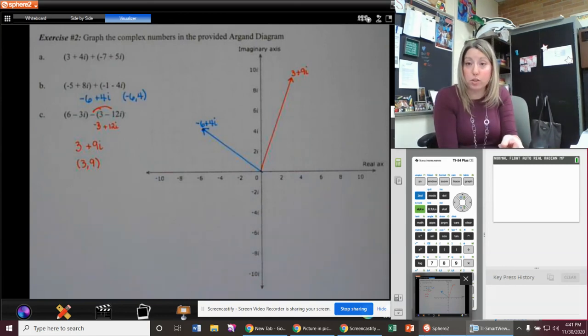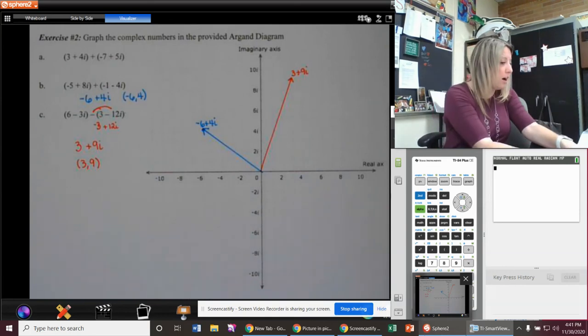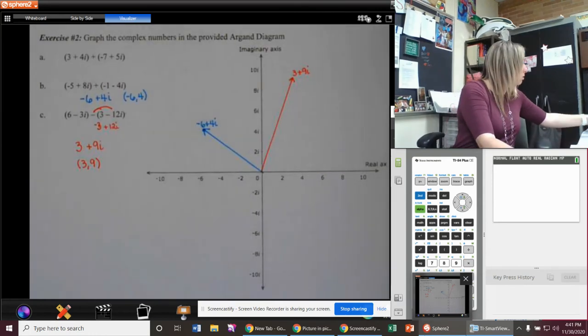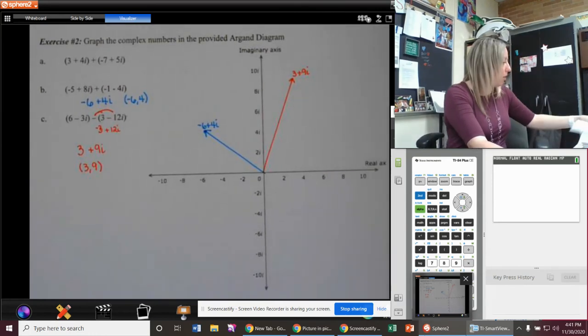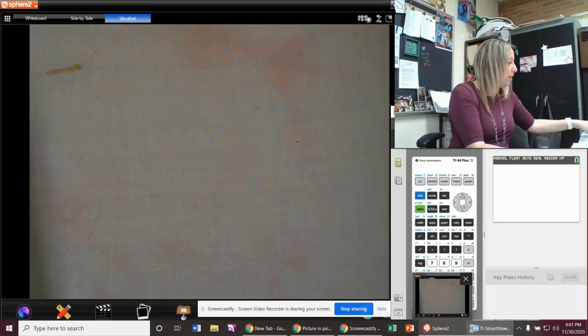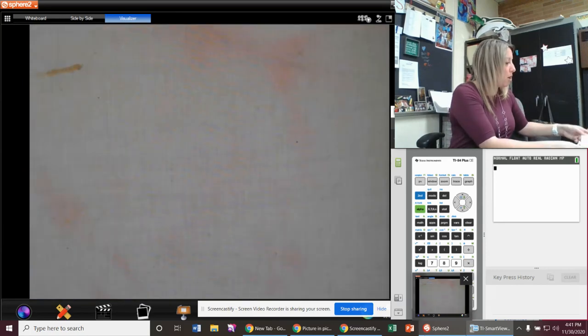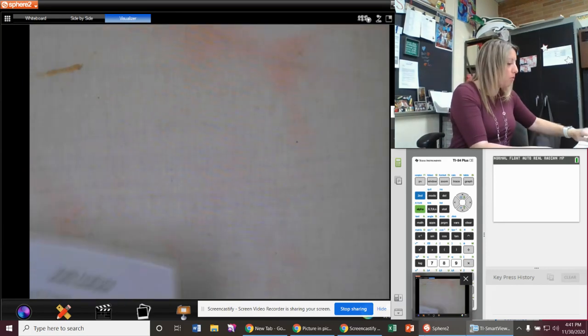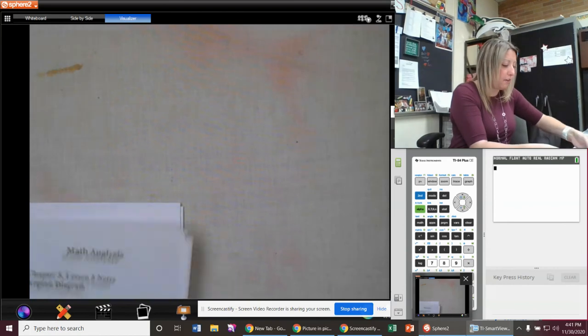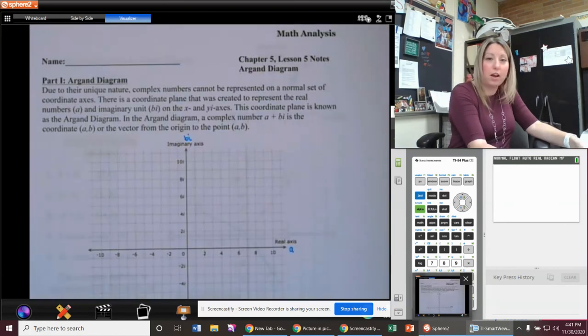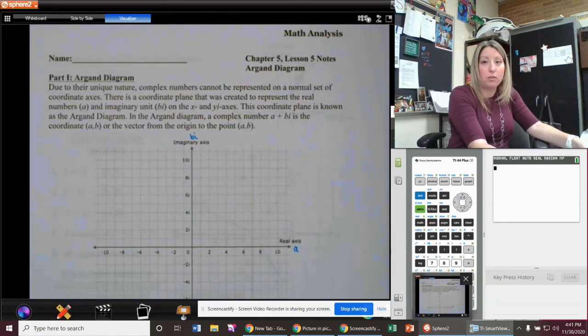So when you go to do this tonight for homework on the homework sheet, which I had one, but I guess I put it away already, all I want you to do is find the two added vectors, unless you're given one single a plus bi form to graph.